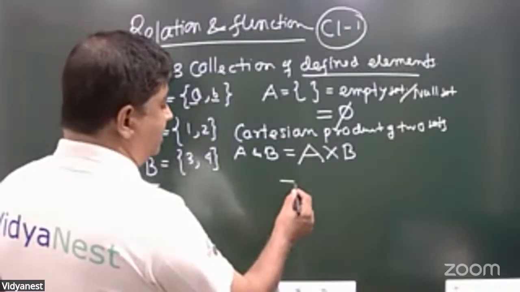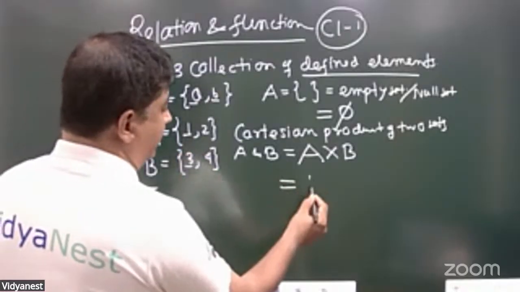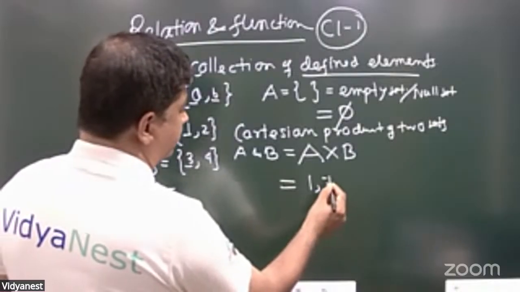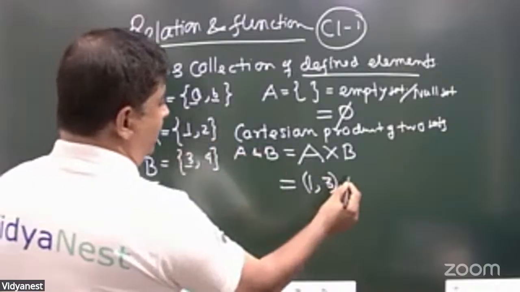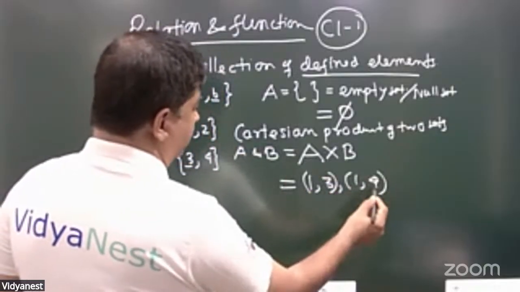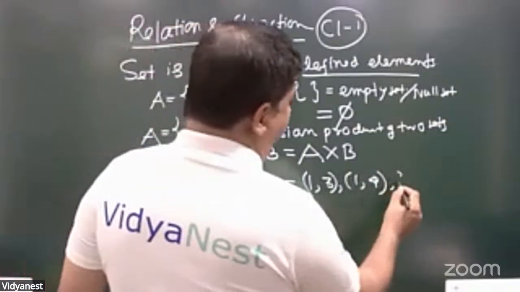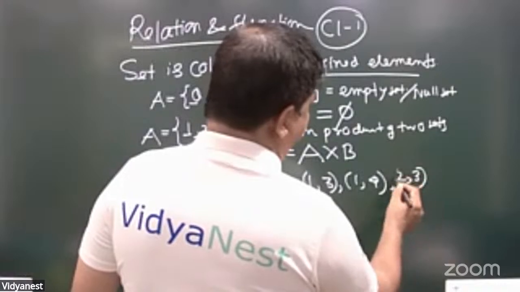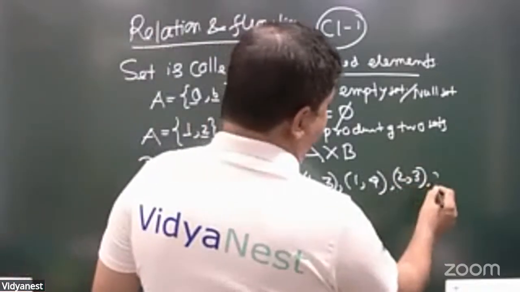Ordered pair means 1 will have a pair with 3, 1 will have a pair with 4, 2 will have a pair with 3, 2 will have a pair with 4.